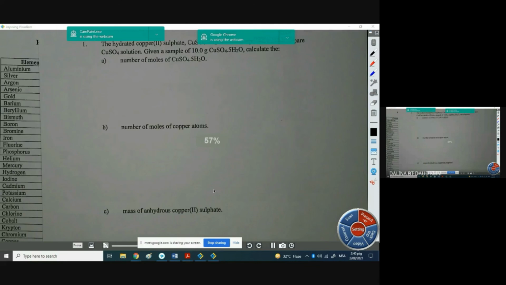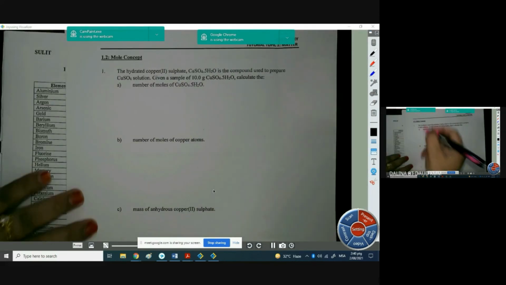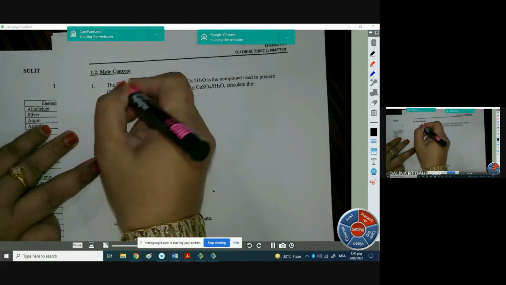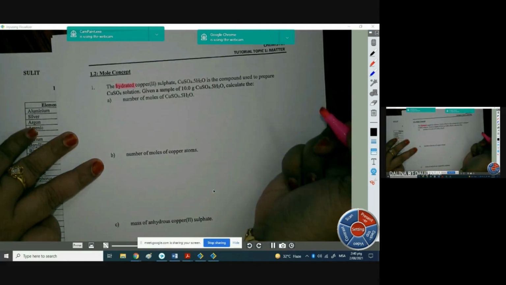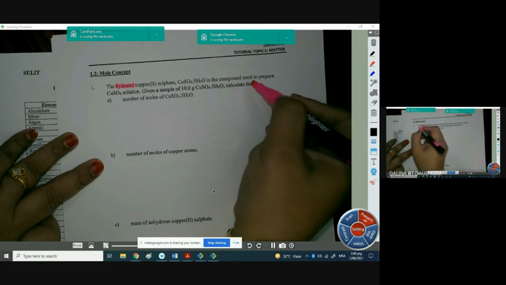So the first question is the hydrated copper sulfate. Hydrated means it has water. This is a pure compound with water, used to prepare copper sulfate solution.